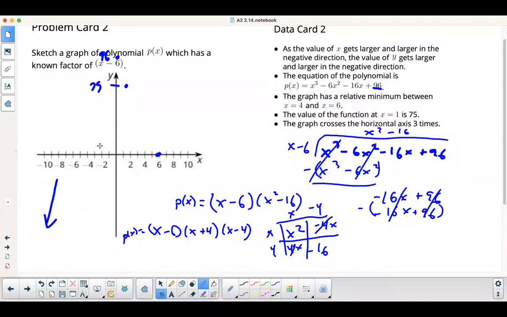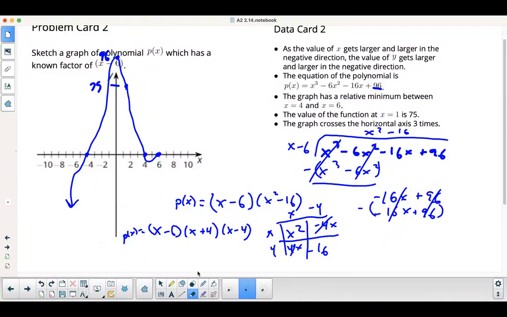So now I can put my x-intercepts at negative 4 and positive 4. We have a relative minimum here. So it looks something like that.